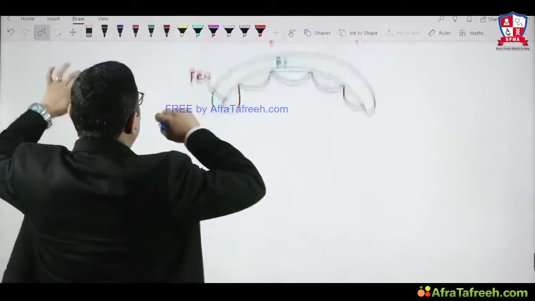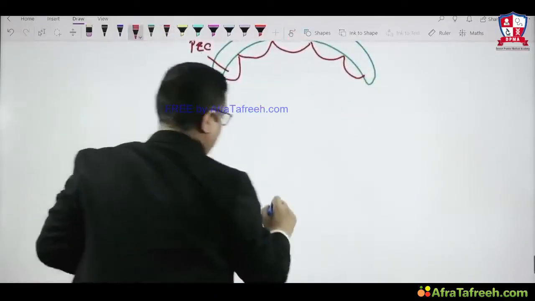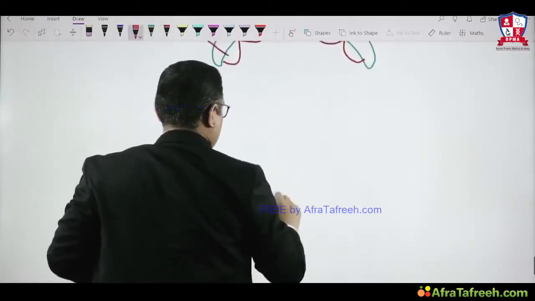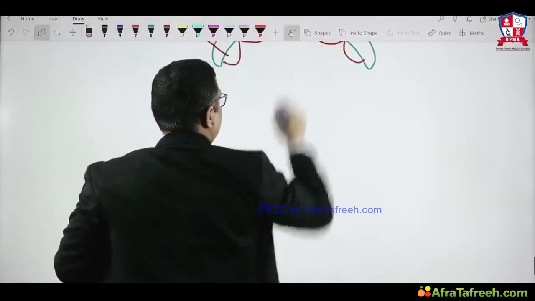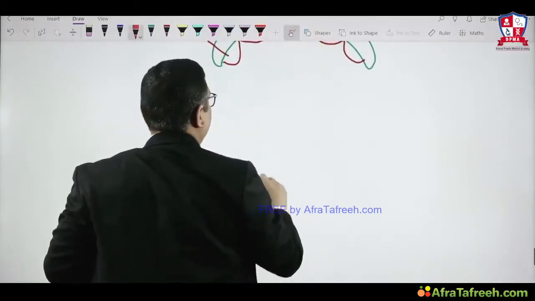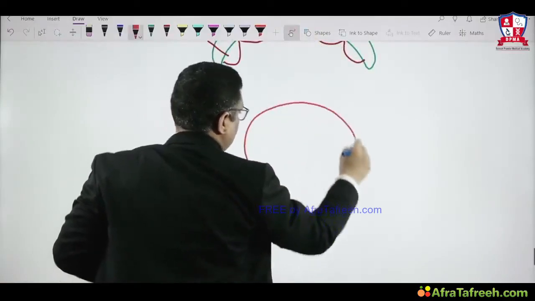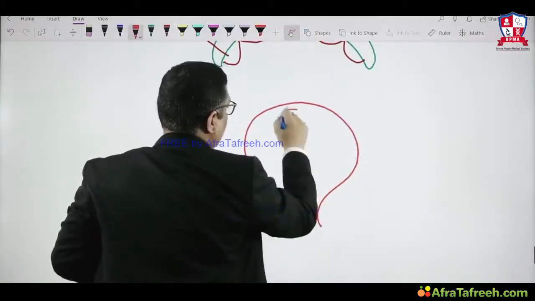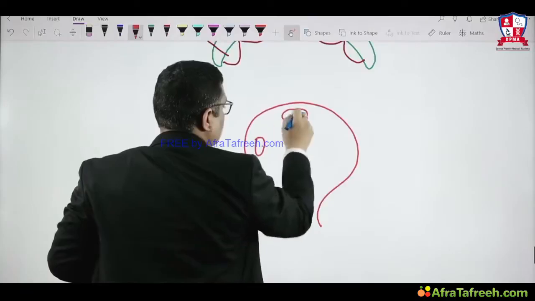Followed by this, there is a capillary. The capillary, as I have already told you, is lined by the endothelial lining.